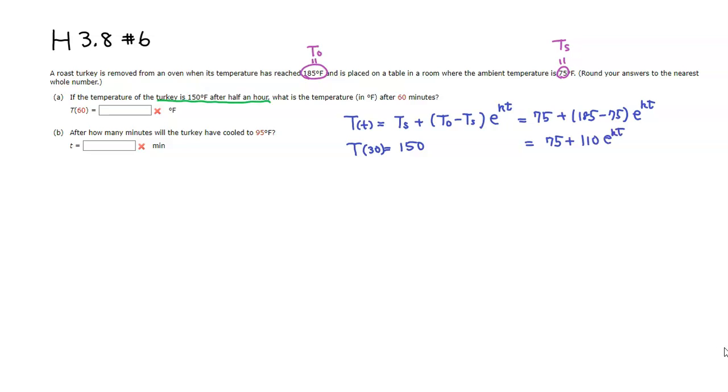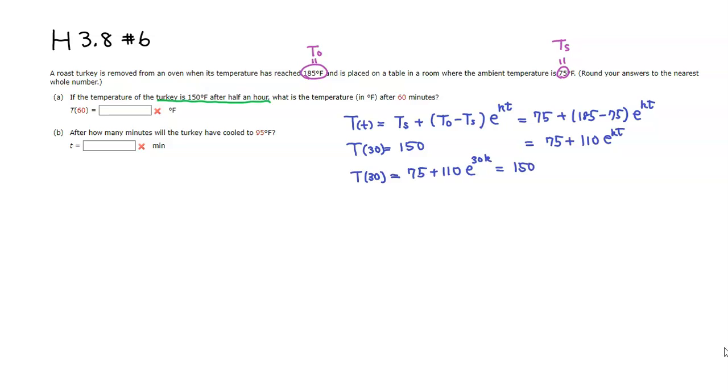So T of 30 is 75 plus 110 e to the 30k, and this is equal to 150.